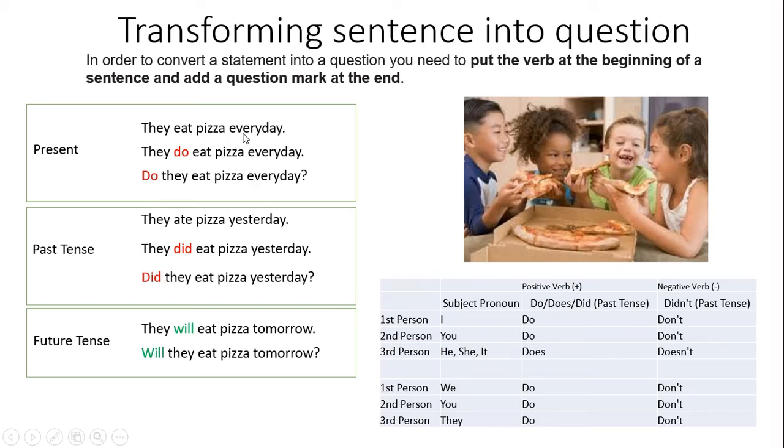We use the word they because we are referring to more than one person. So they refers to these children. They is a third person plural.